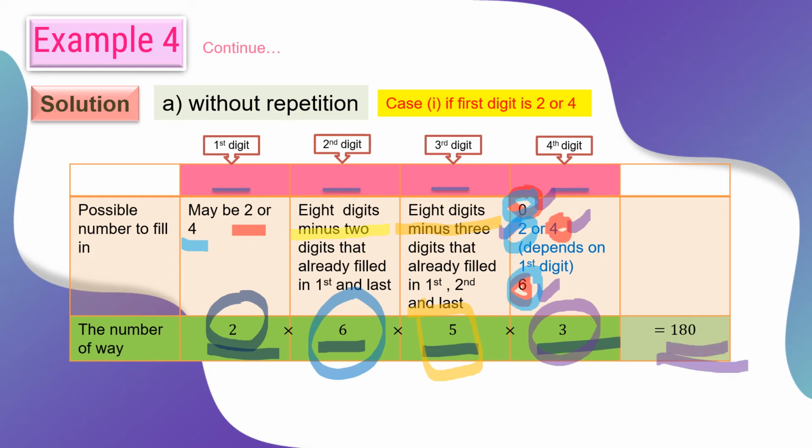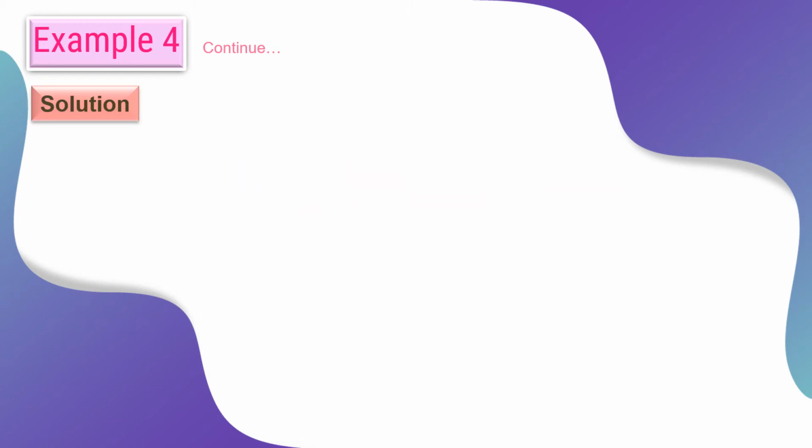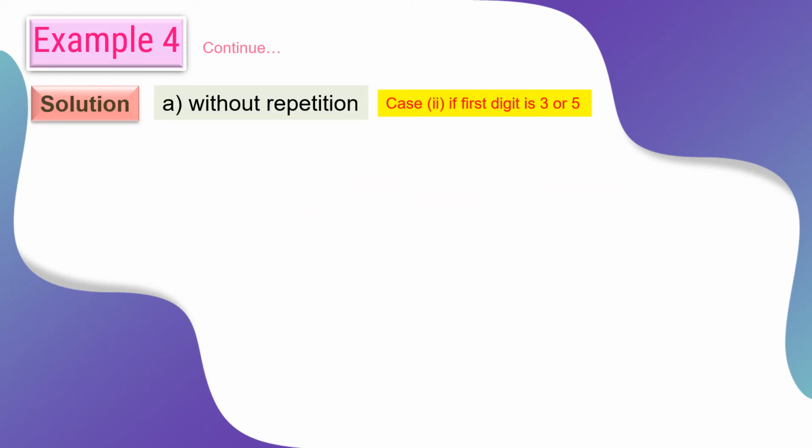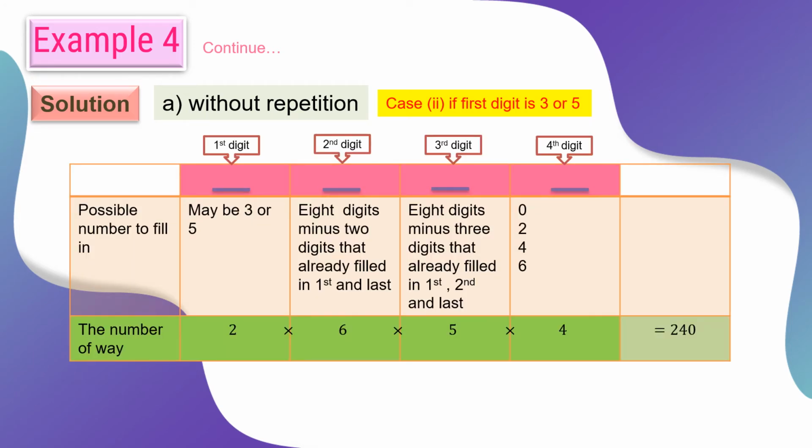Okay, this is the first condition. How about the second condition? The second condition, if we start with digit 3 or digit 5. So how many digits for the first place here? You can put 3 and 5, so the total is 2 digits you can put in the first place.